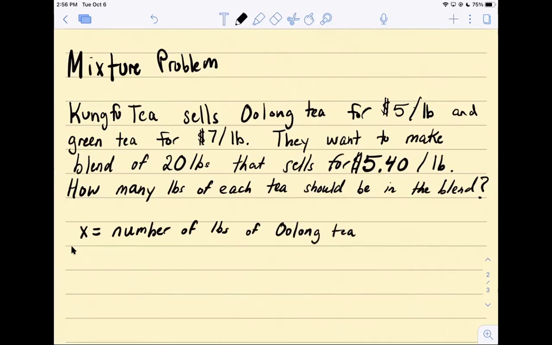And this is really important. You don't want to just write x equals $5, because that doesn't help you solve anything. If x equals 5, that's the answer. $5 per pound is an important fact about the oolong tea, but that's not the actual unknown. And then you want to try again for y.